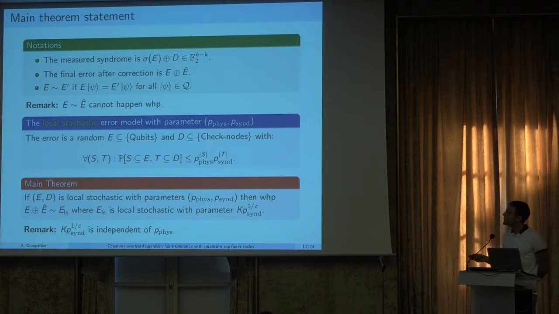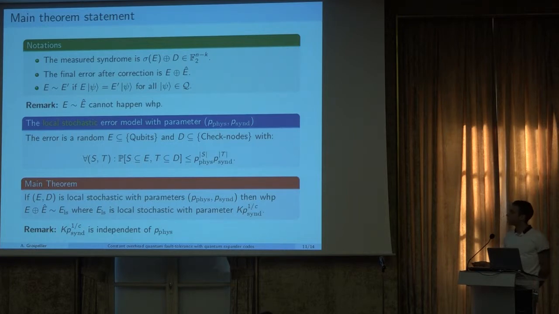So I will say that two errors are equivalent when you cannot distinguish them on the code. And so an important remark is that when we deal with syndrome measurement errors, we cannot get with high probability that the error is corrected. The reason for that is that we use LDPC codes.